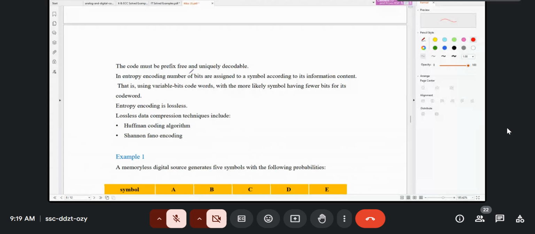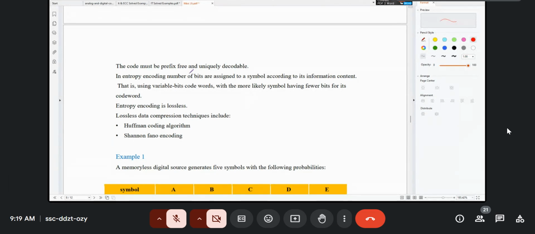So entropy, and the beauty about entropy encoding is that it is lossless. You don't lose any information with entropy encoding, unlike these other techniques.